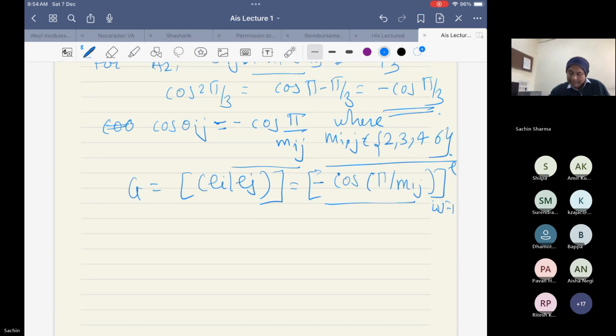So this is well known, often called a Gram matrix.